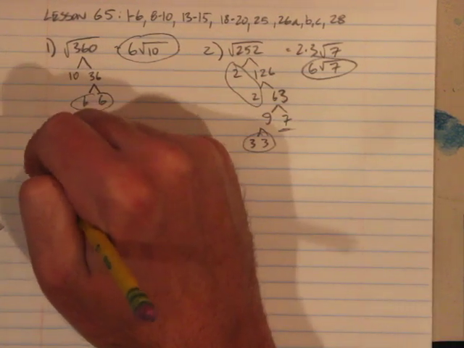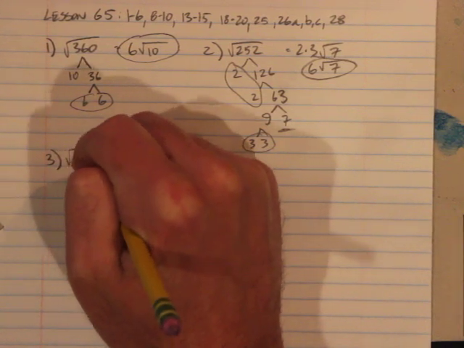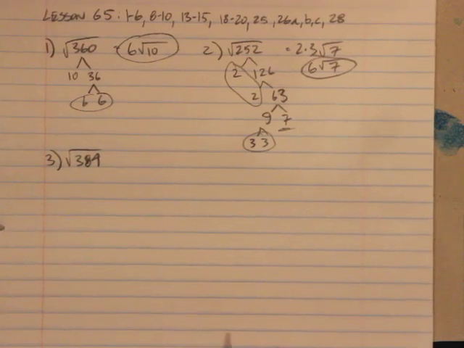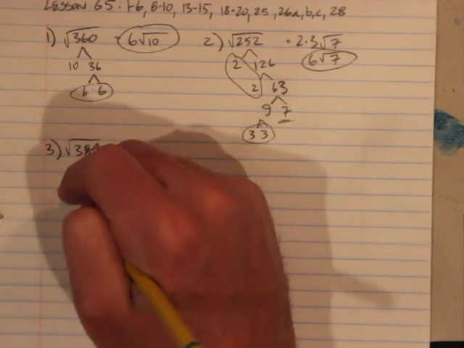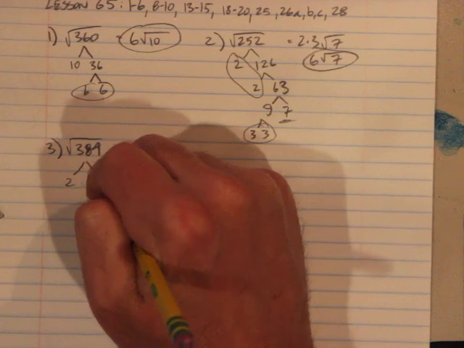Number 3, square root of 384. And this one, I'm just going to split up. I know that I can divide by 2, so I'm going to do that. 384 divided by 2 is 192.